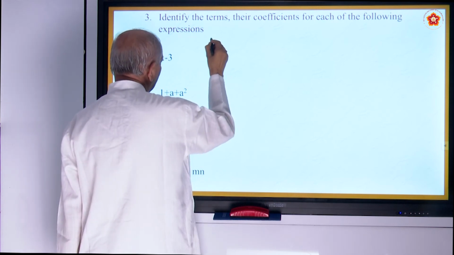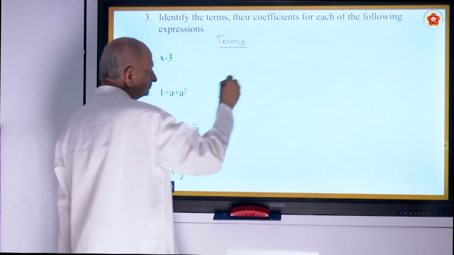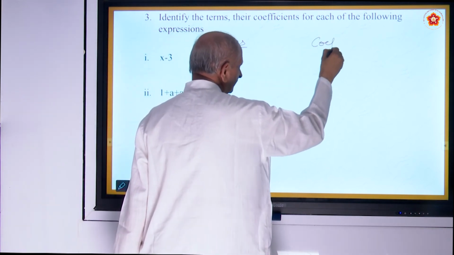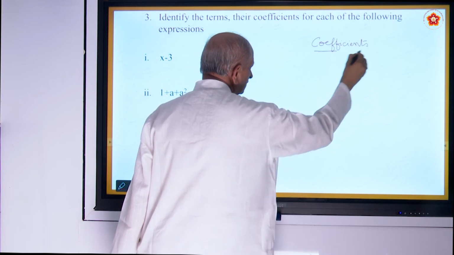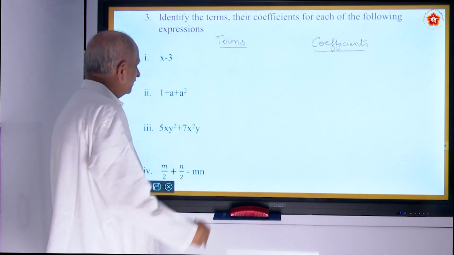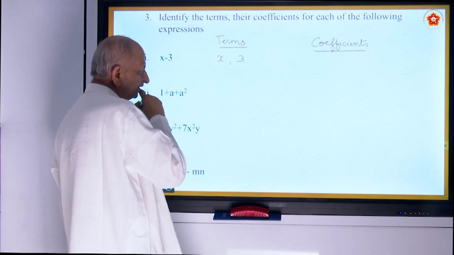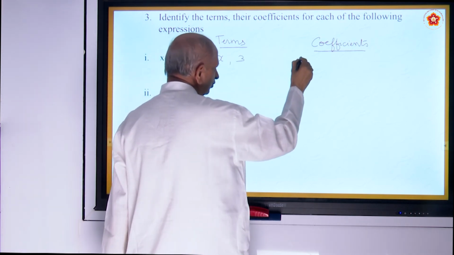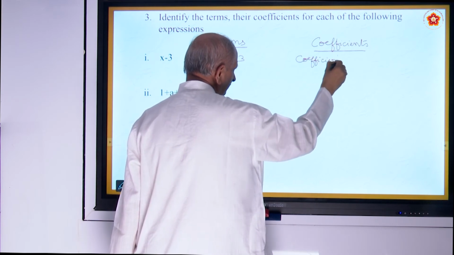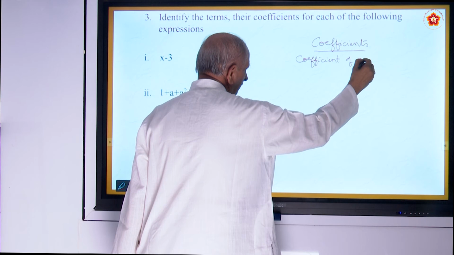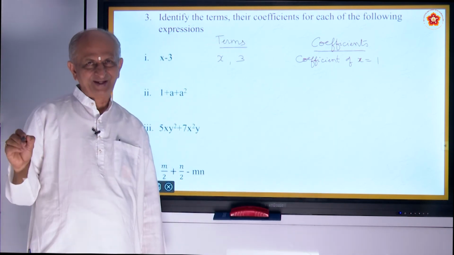They are asked to find out the terms, one column, and another one is coefficient. So what are the terms here? X and 3. What is the coefficient of x? Coefficient of x is 1.